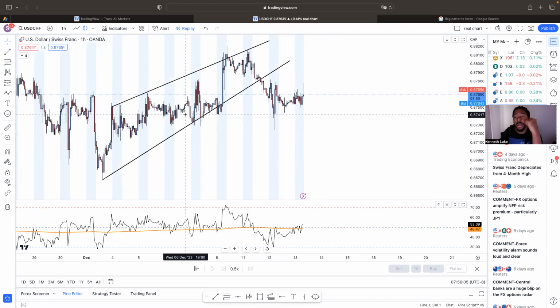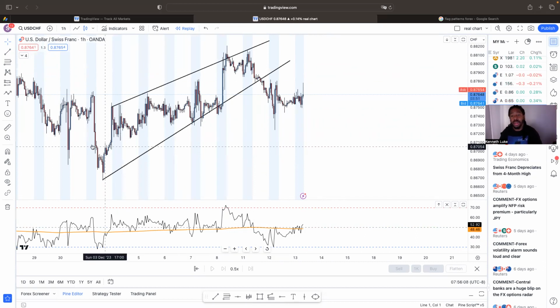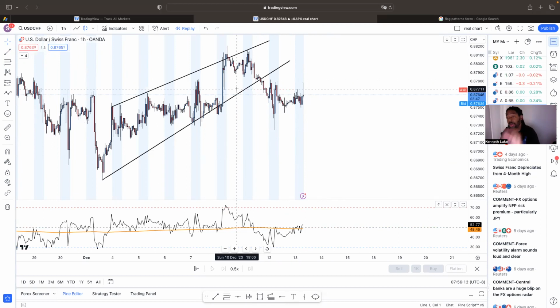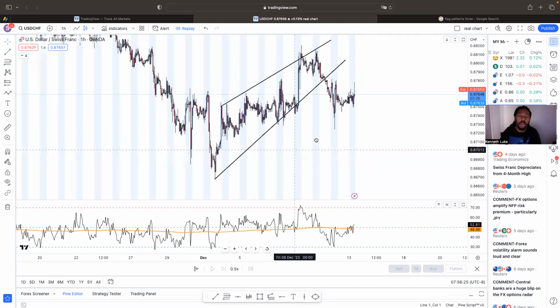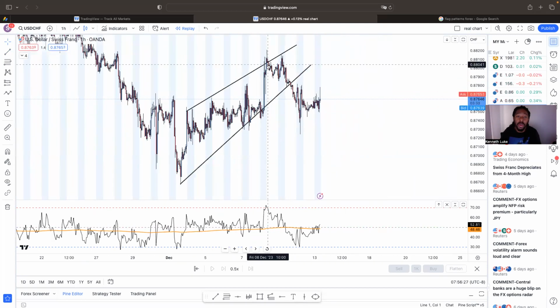So this is what you call a channel, right? When price is going inside a row, going to the upside, but still going back and forth, back and forth, back and forth, it's still going up, all right? And so what we wait on is maybe a double top like that on a trend line, and then price going down.